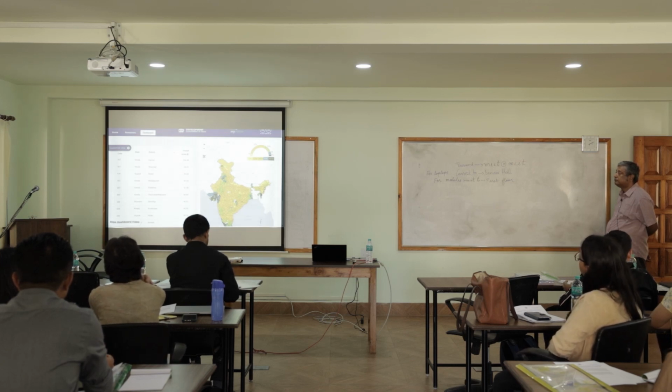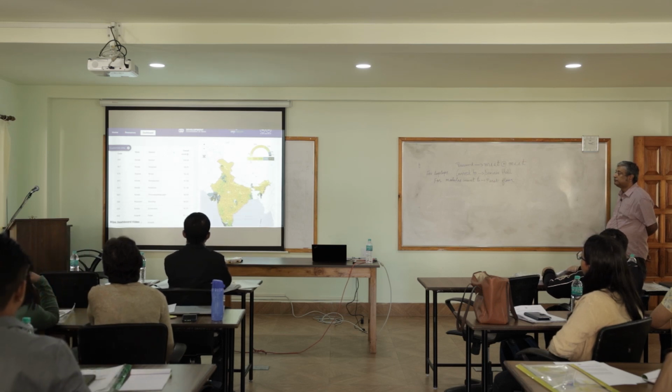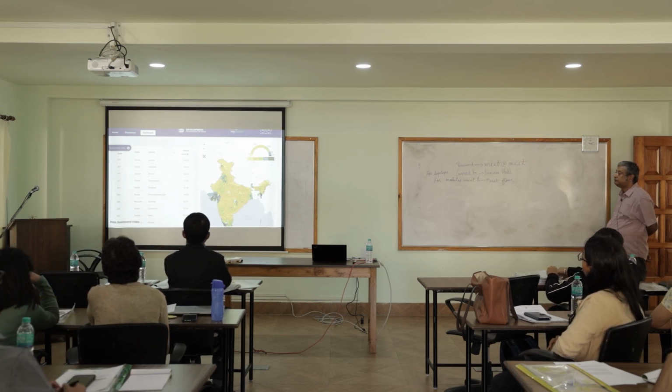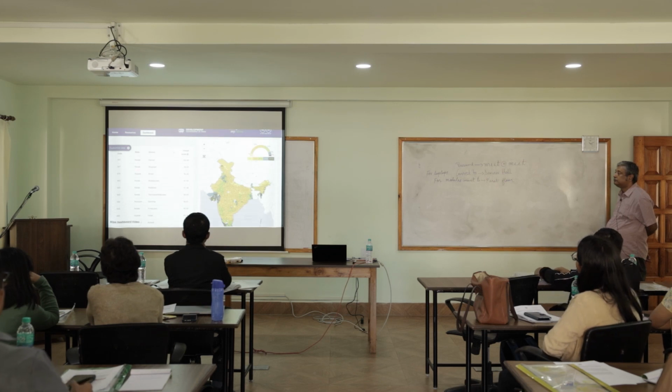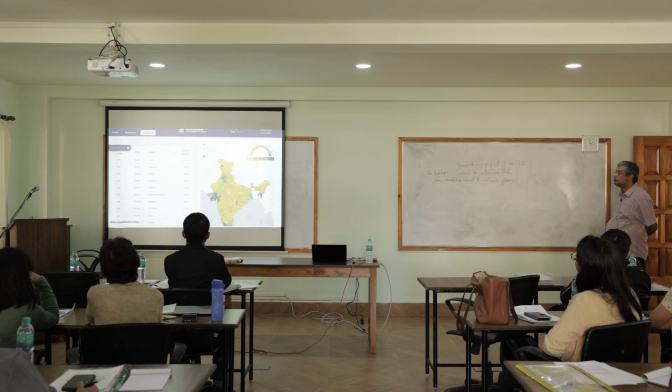For example, if a district got a score of 0 to 20, category 1, then it is color-coded in yellow. And if a district got a score between 20 and 40, category 2, it is color-coded in orange. If a district got a score between 40 and 60, it is color-coded in green, and so on.